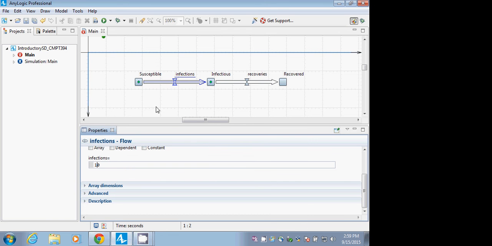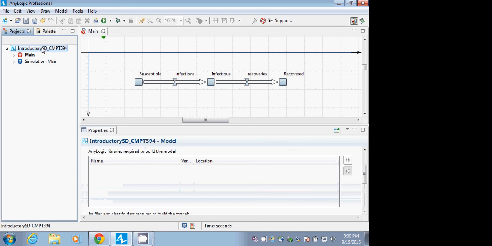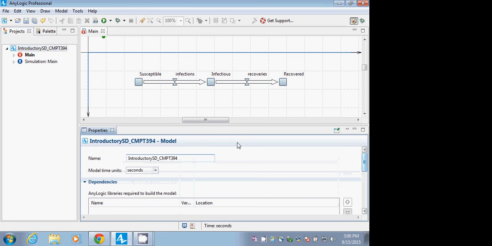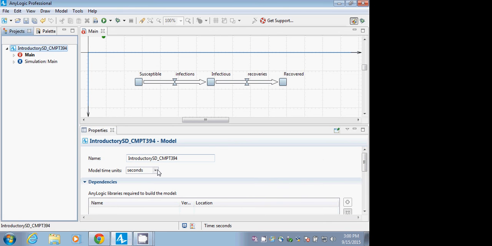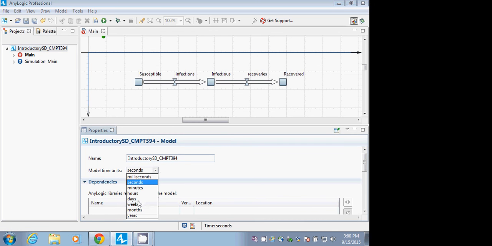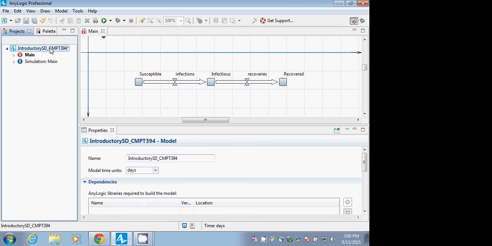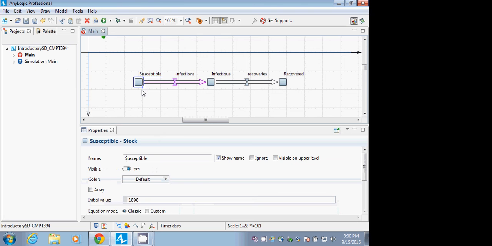I'm going to make it 100. Now you could say 100 per what, and that points us to the fact that we need to specify the time unit. So for those who didn't do it when creating the model, you could go up to the model as a whole, and we will set this to be days. So again, going up to the model as a whole, picking days.